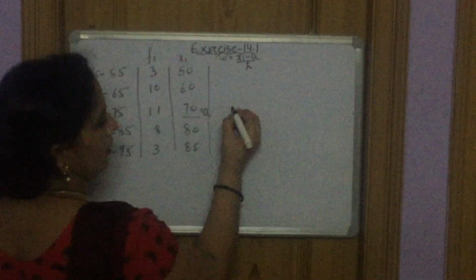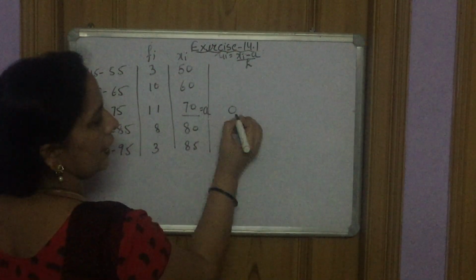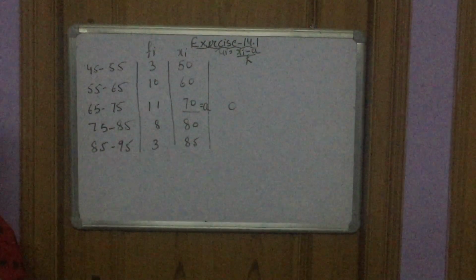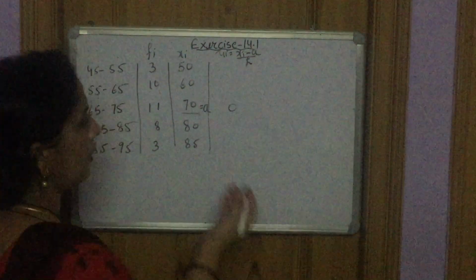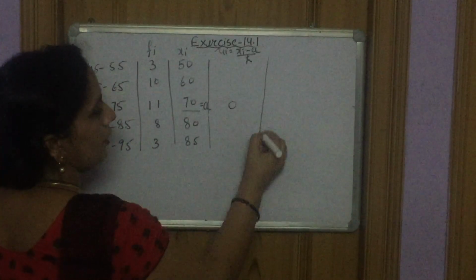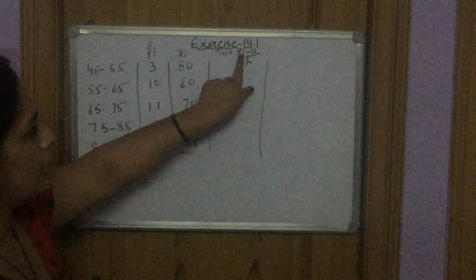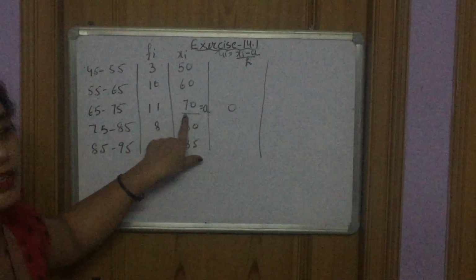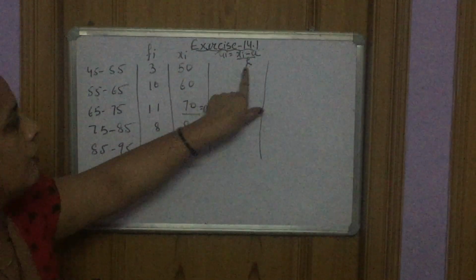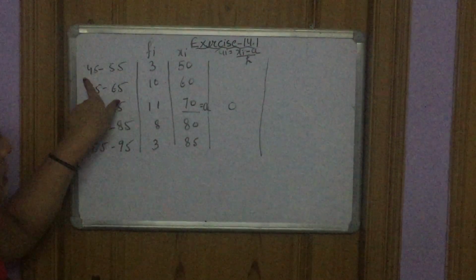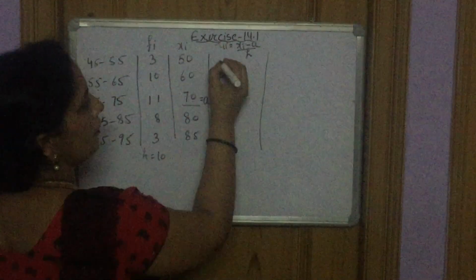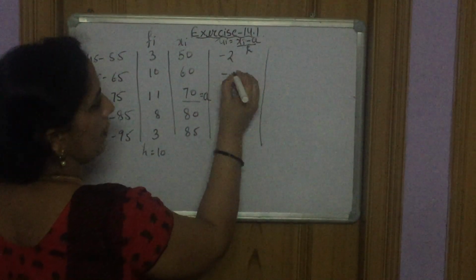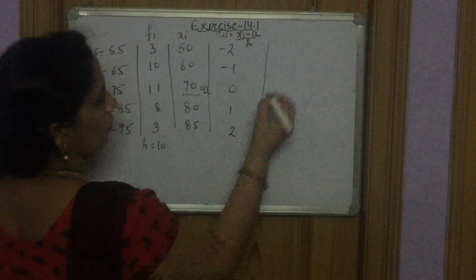The value of ui in front of a will be 0 in every question. On the upper side we will have the negative terms, and on the lower side we will have positive terms. When we solve here, 50 minus 70, that is minus 20, and divide by h, which is 10. So here we will get minus 2, then minus 1, then 1 and 2.